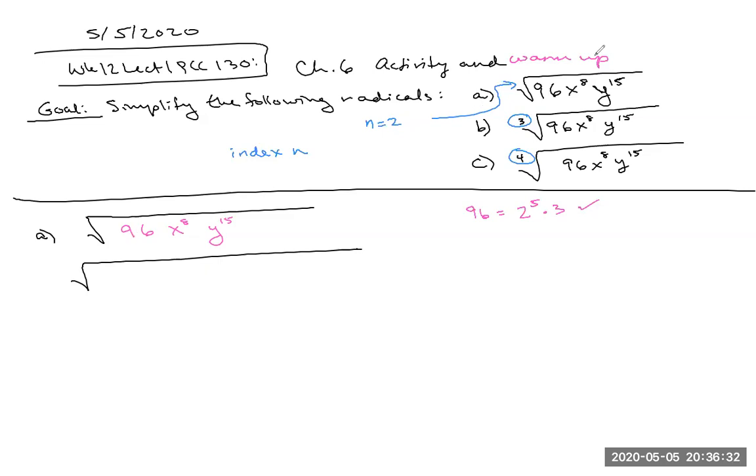So 96 is 2 to the 5th times 3. And then you have multiplied x to the 8th and y to the 15th. Okay, next step.